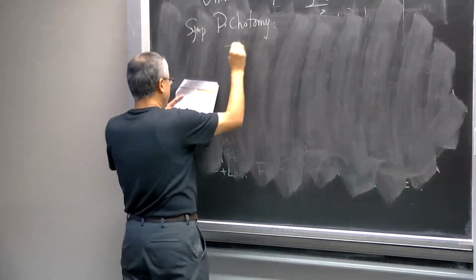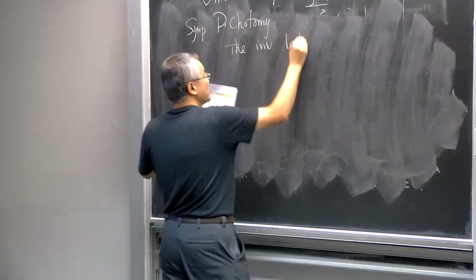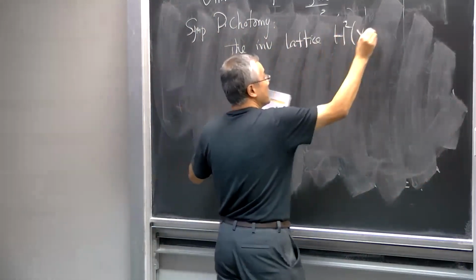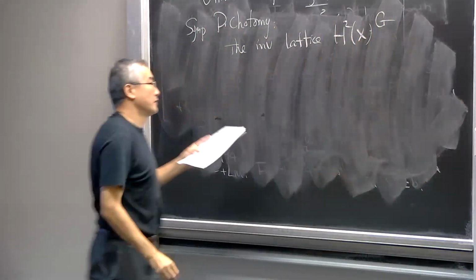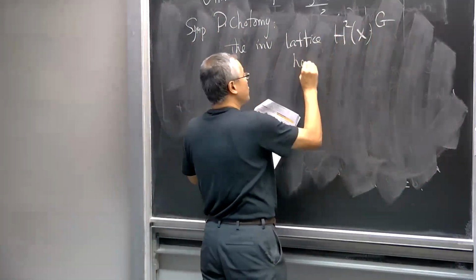It says that the invariant lattice has rank 1 or 2.